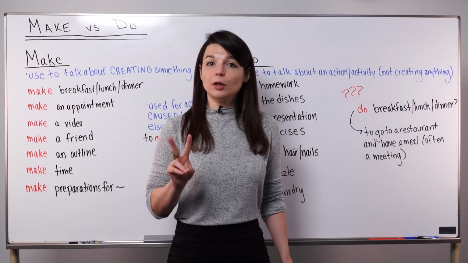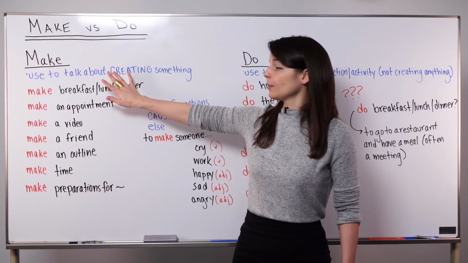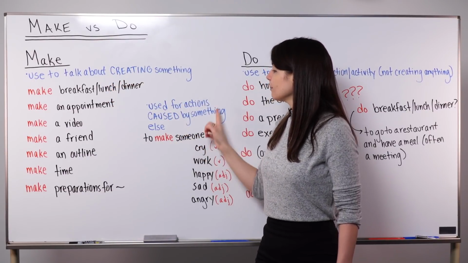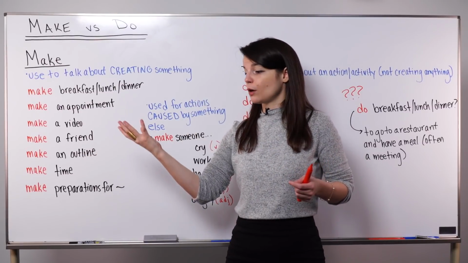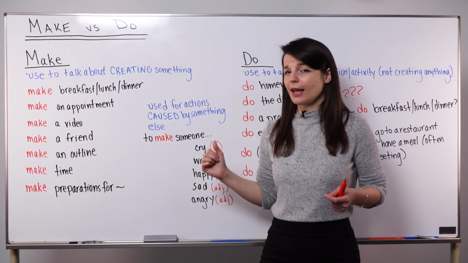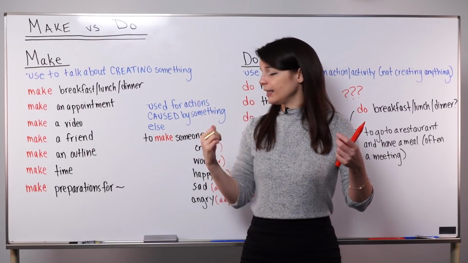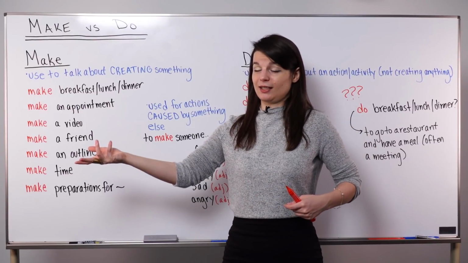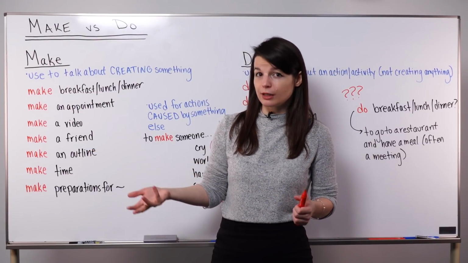Okay, the second point I want to talk about inside this make point is how we use the verb make to talk about actions caused by something else. You can think of this again as something being created. In this case, someone else's action or someone else's emotion is being created.